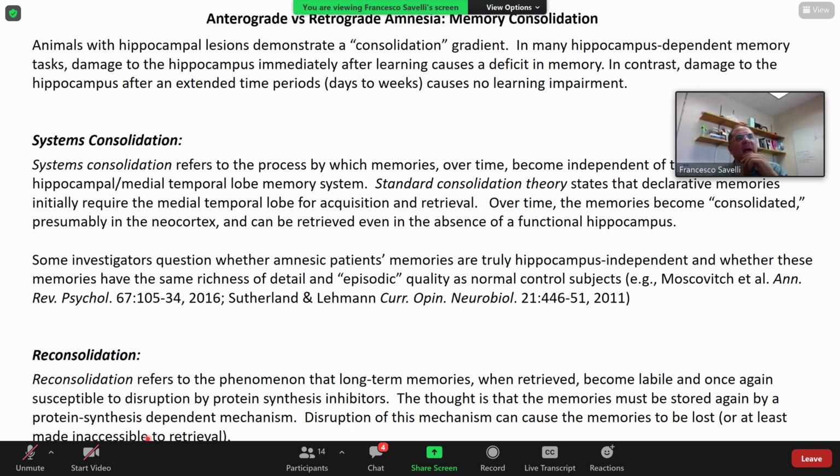This is something that is very important, not just scientifically, but there are a lot of repercussions, for example, implications for the judicial system.